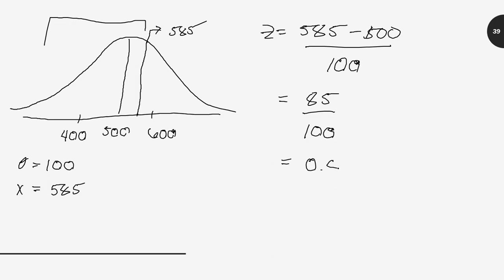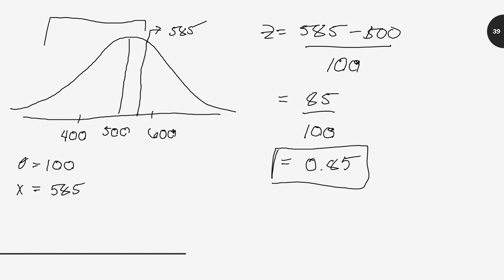Divide nyo lang yan, meron tayong 0.85. Okay, so yan po yung hahanapin ngayon natin sa table. Pa-check po nung table po natin, and then tignan po natin kung ano po kaya yung magiging probability ng 0.85. Okay, so check natin.